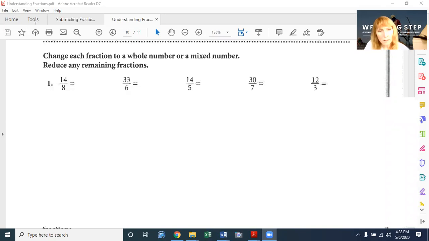So we have 14/8. So let's see what that means in terms of a drawing. So let's make pretend pizzas here. And these are rectangle pizzas because circle pizzas are really hard to divide into equal pieces. So I'm going to use that.